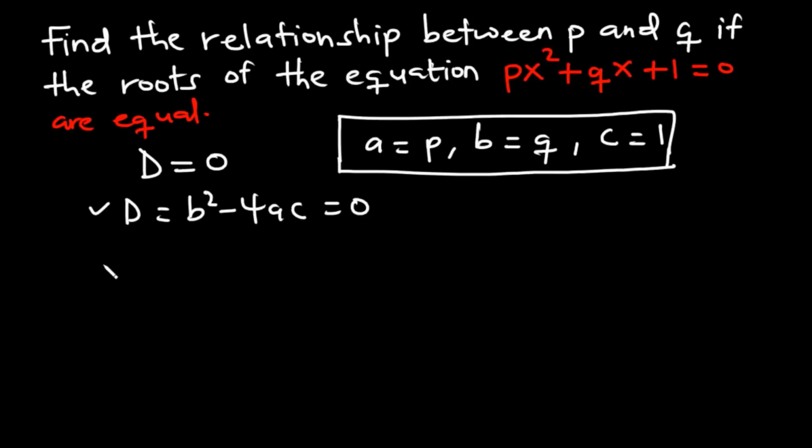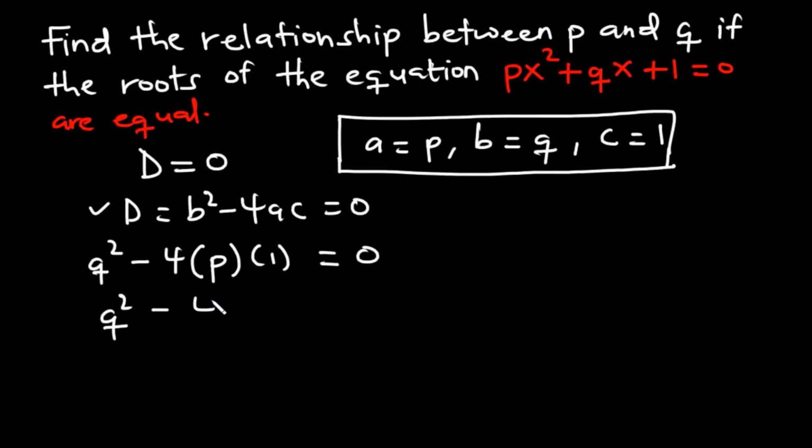Now B is Q, so we have Q squared minus 4, A is P, and C is 1, and that's equal to 0. So we have Q squared minus 4P is equal to 0.